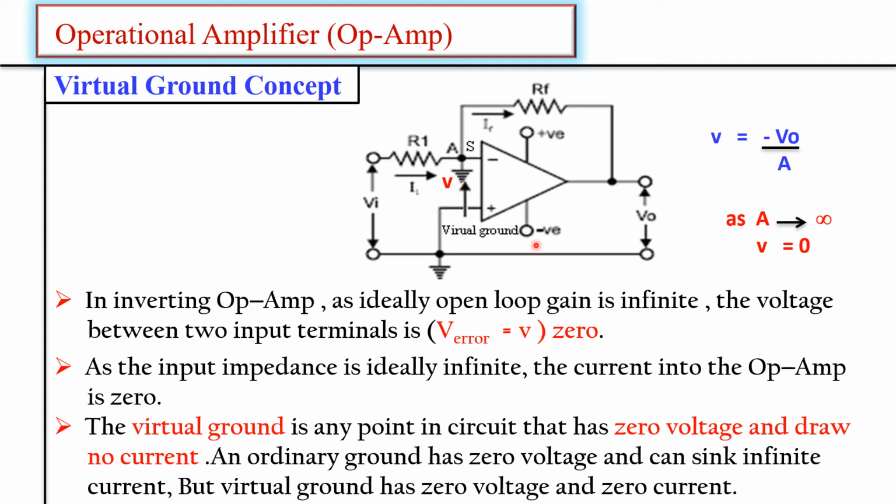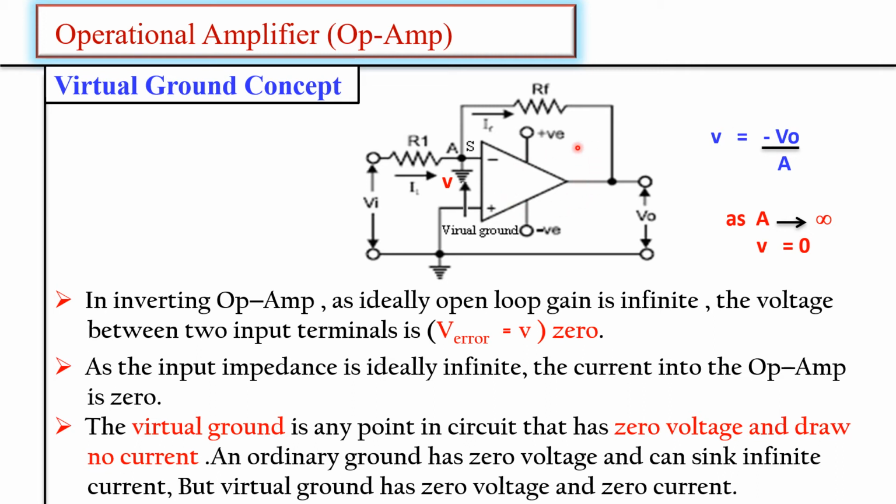In this case, the non-inverting terminal is grounded, and we say that V plus is equal to 0. The voltage at this is 0. Therefore, the voltage at the inverting terminal will also be 0. That is, it is not actually grounded, but it acts as a virtual ground.